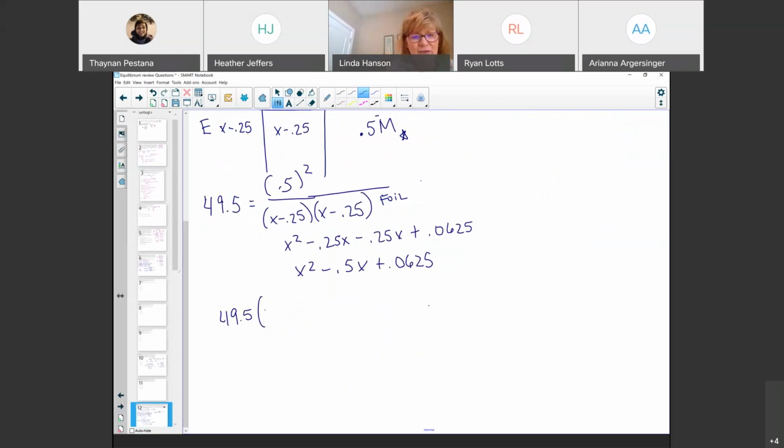To continue that math, 49.5 now needs to be distributed through that, and that's still equal to 0.5 squared, which I simplify as 0.25. You can see now that it's going to be a quadratic equation, right? We have some x squared, some x, and the a, b, c of the quadratic formula.